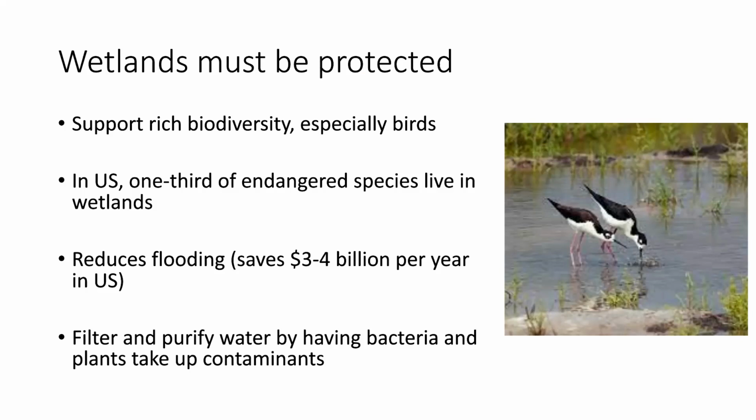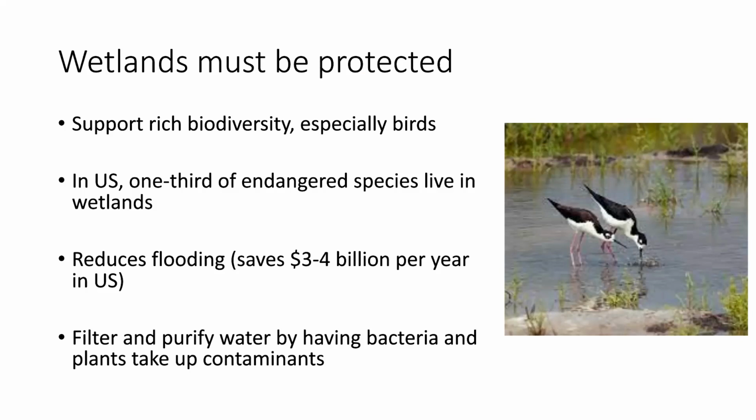They're going to be able to take on some of that water rather than have it making its way immediately into places where humans live. And that's a tremendously important economic benefit. It saves the US 3 to 4 billion per year, in terms of money that would normally have to be spent on fixing damages caused by flooding.